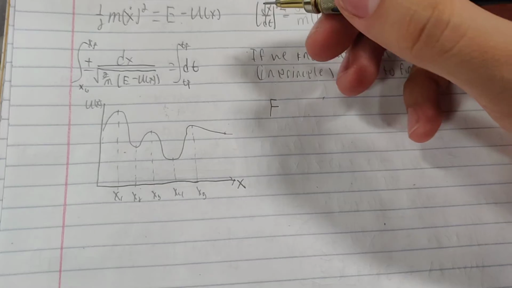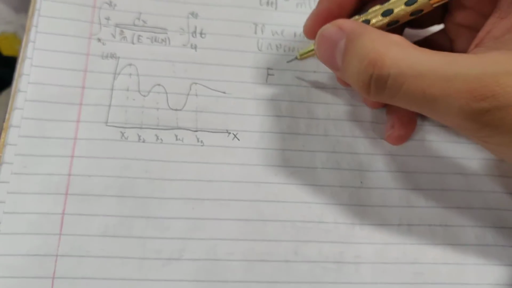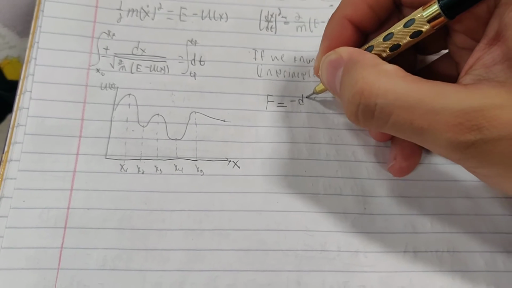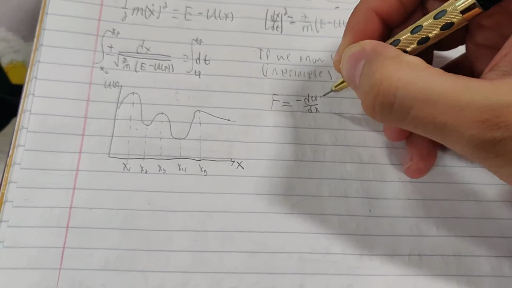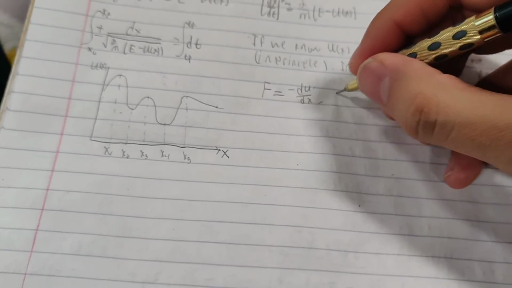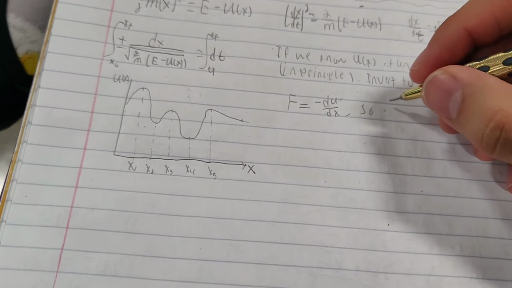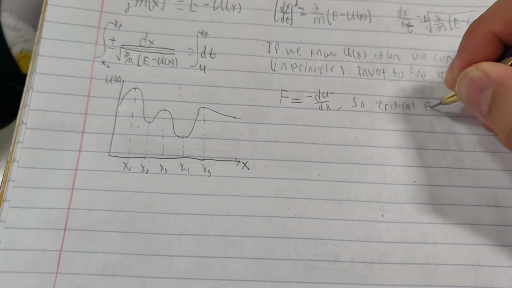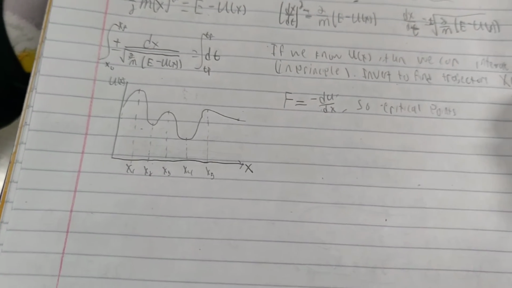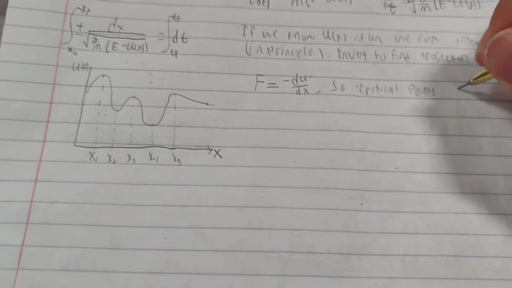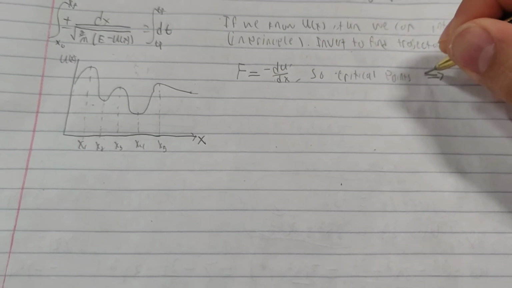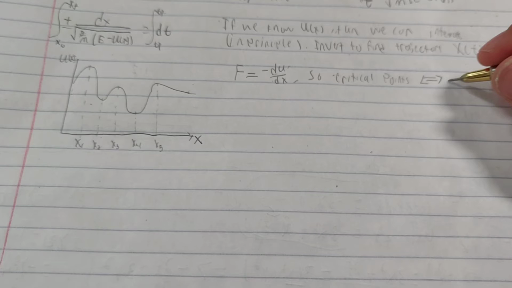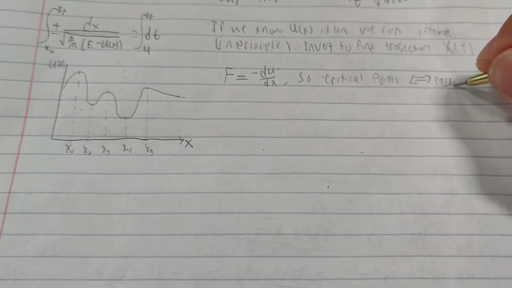So since the force is negative dU/dx, this tells us that the locations where the slope vanishes are equivalent to locations where the acceleration is 0, and acceleration equals 0 is just another way of saying that these are equilibrium locations.